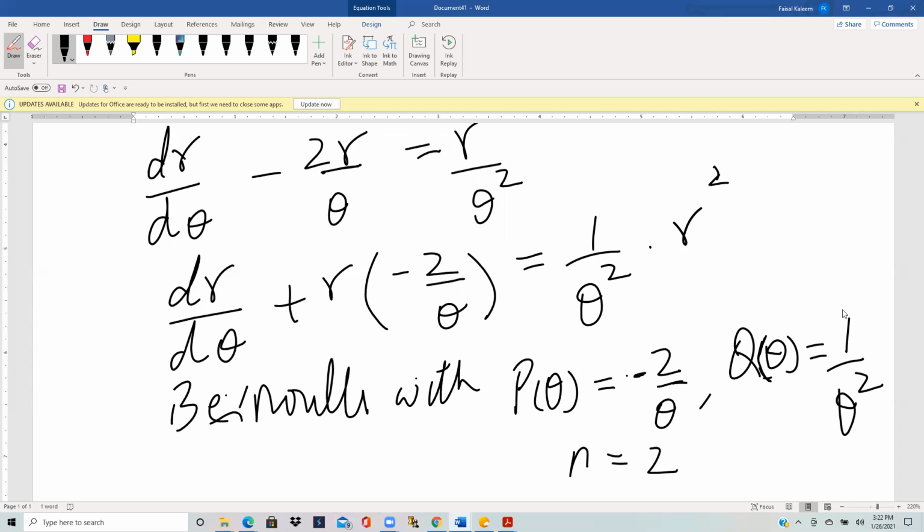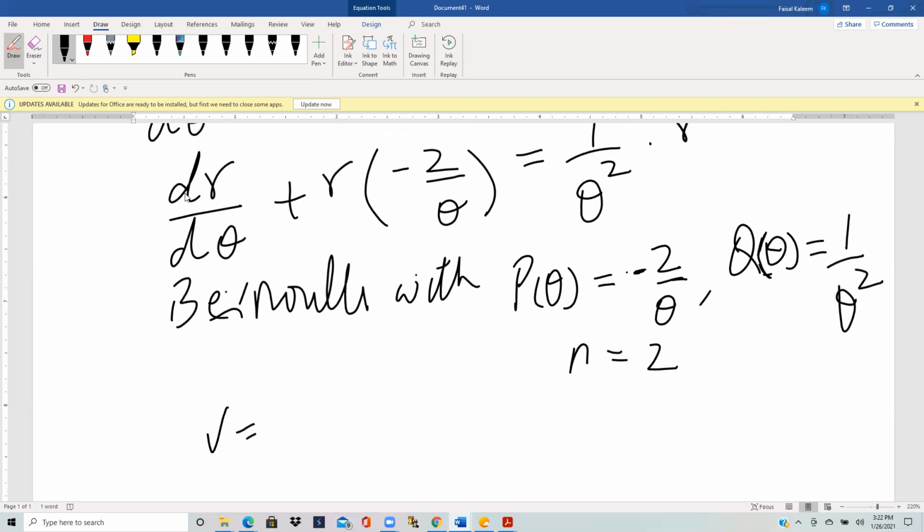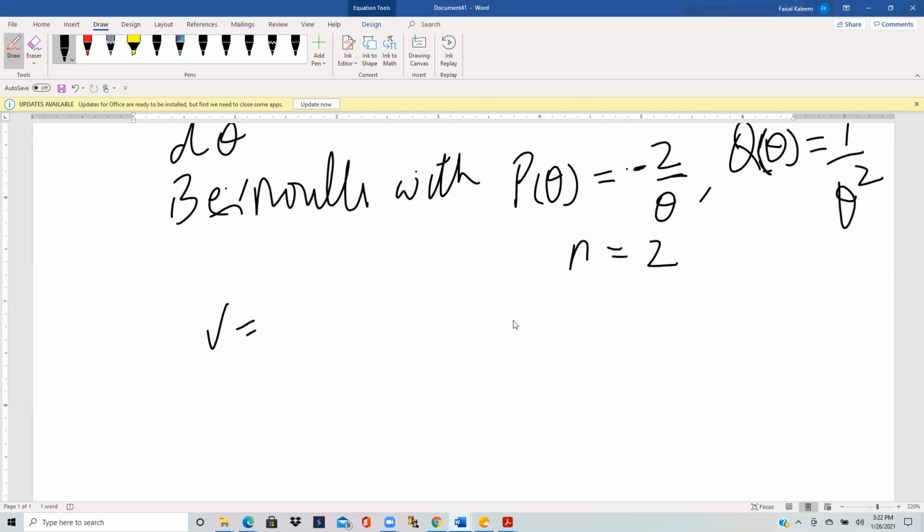So our substitution will be v is equal to y power 1 minus n, so y in this case is r, so it will be r power 1 minus n, which is r power 1 minus 2, which is r power negative 1.